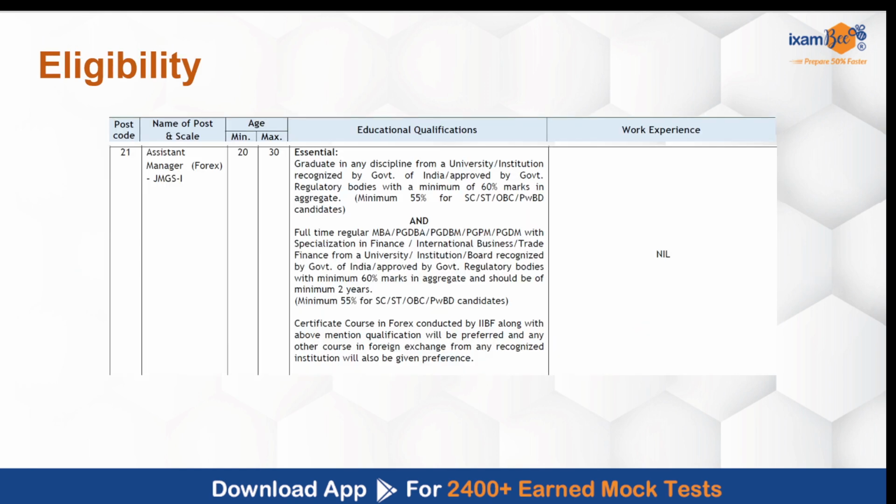The eligibility consists of having a graduation degree in any discipline but with a minimum of 60% marks, and in addition to 60% in your graduation, you also need a post-graduation degree, which could be an MBA, PGDBA, PGDBM, PGDM with specialization in finance, international business or trade finance, right?